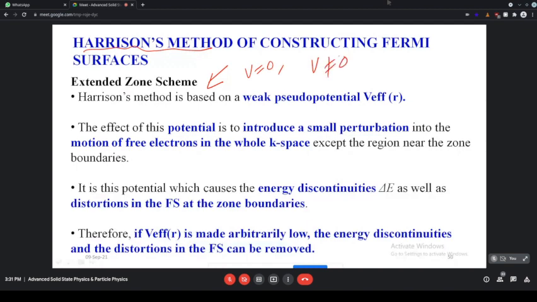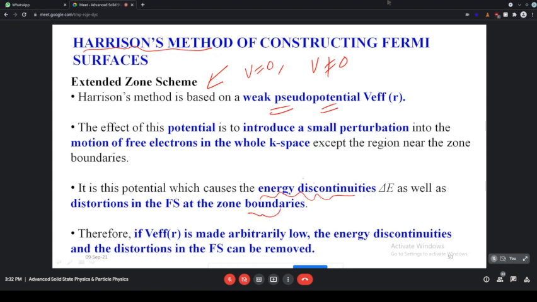V equal to 0 means simply there is no interaction between the electron and the lattice, and V not equal to 0 means there is some interaction, that may be even weak interaction. If you consider that there is some interaction, then what happens? This weak interaction causes distortion in the Fermi surface, and that distortion leads to energy discontinuity at the zone boundary.